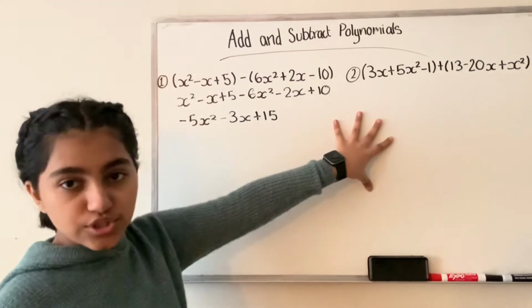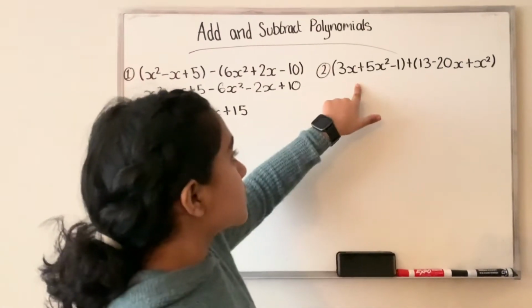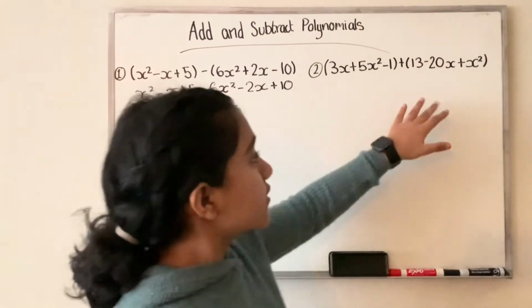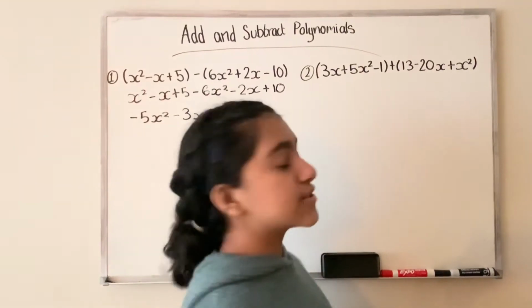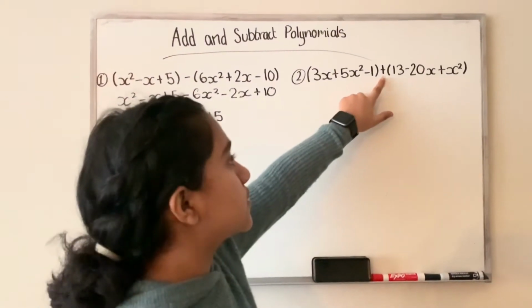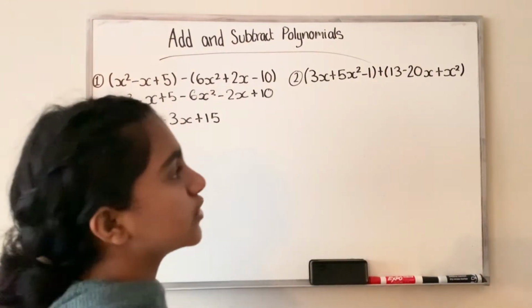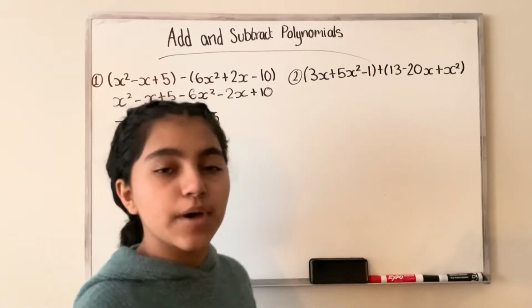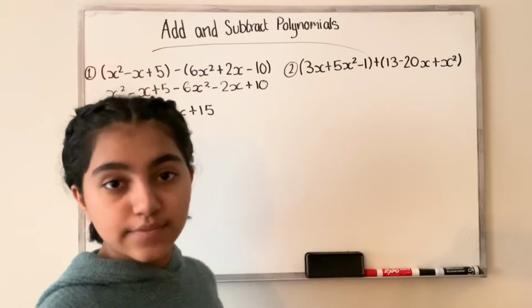So the second question right here, it says 3x plus 5x squared minus 1 plus 13 minus 20x plus x squared. So you would not distribute the positive. Obviously you would, but it wouldn't make a difference since positive times a positive is a positive and positive times a negative is a negative.